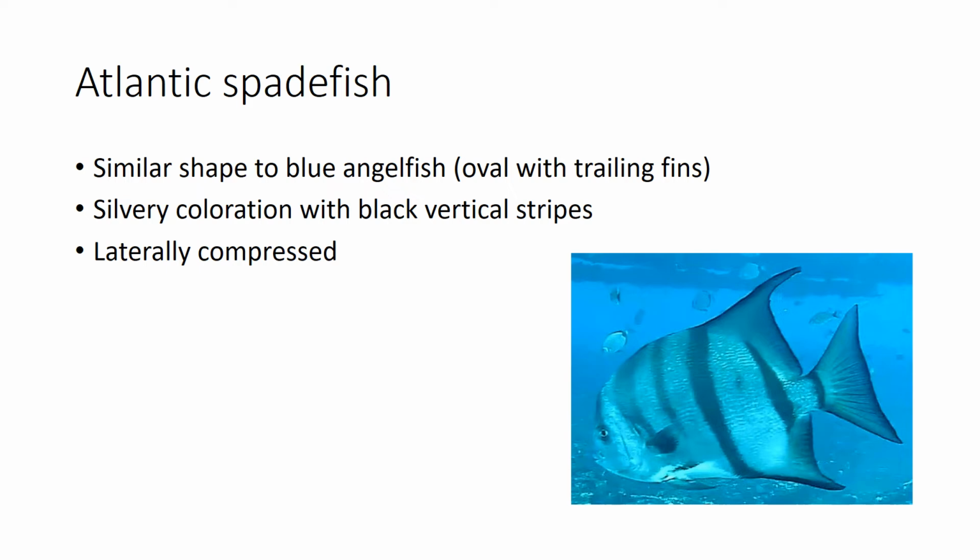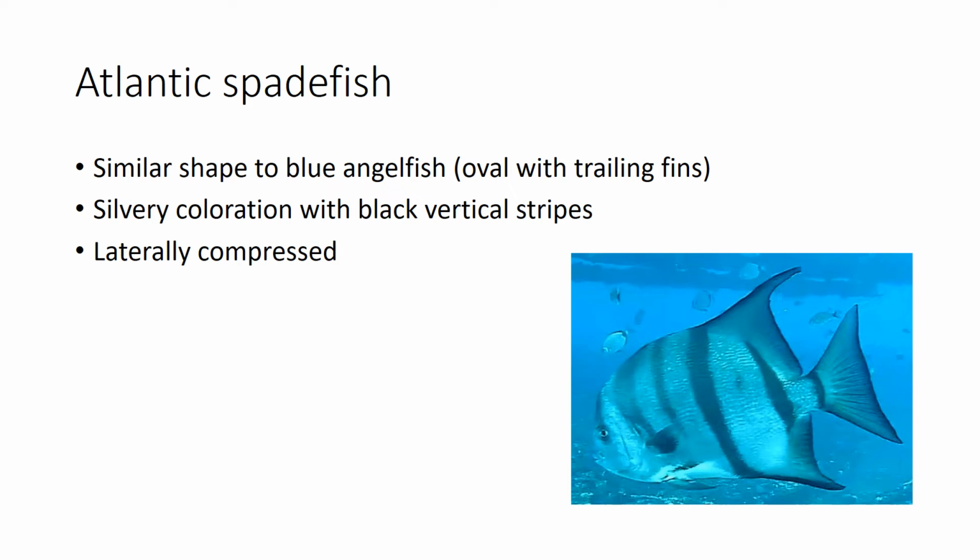It is also laterally compressed, which again makes it good for maneuverability. These stripes are the distinguishing characteristic of an Atlantic spadefish. Although they can be hard to see from far away on the camera, when they get close, it is easily identifiable.